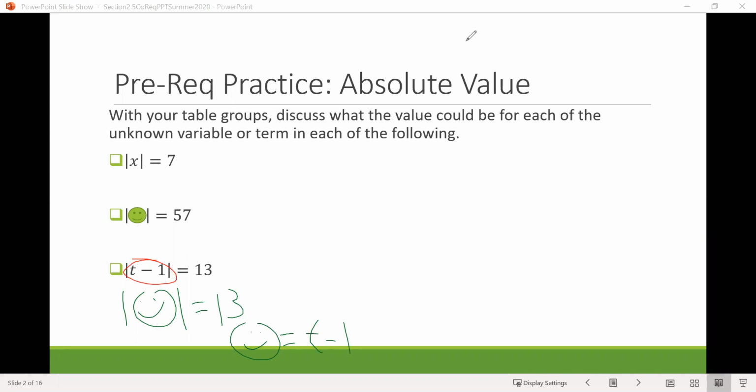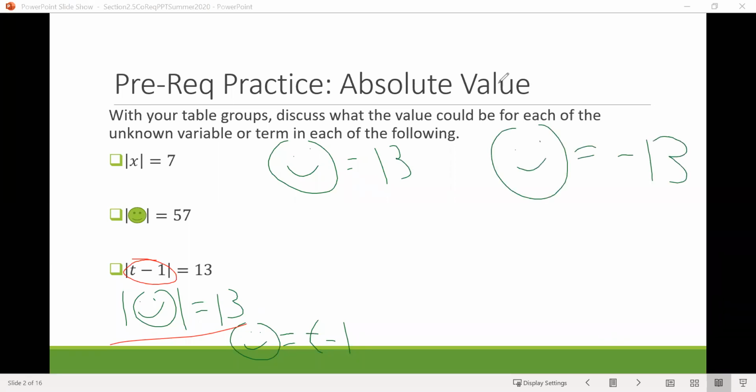And then thinking about what we just talked about, the smiley face could be positive 13, but it could also be negative 13, because the absolute value of something is 13.